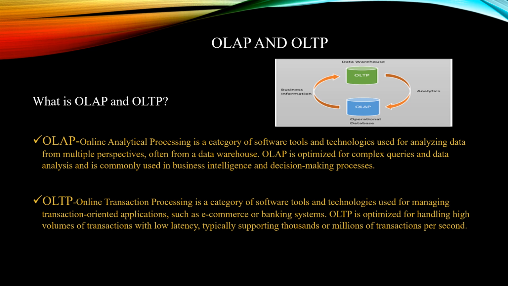OLAP is optimized for complex queries and data analysis, and it is commonly used in business intelligence and decision making processes. OLTP, online transaction processing, is a category of software tools and technology used for managing transaction oriented applications such as e-commerce or banking systems. OLTP is optimized for handling high volumes of transactions with low latency, typically supporting thousands or millions of transactions per second.